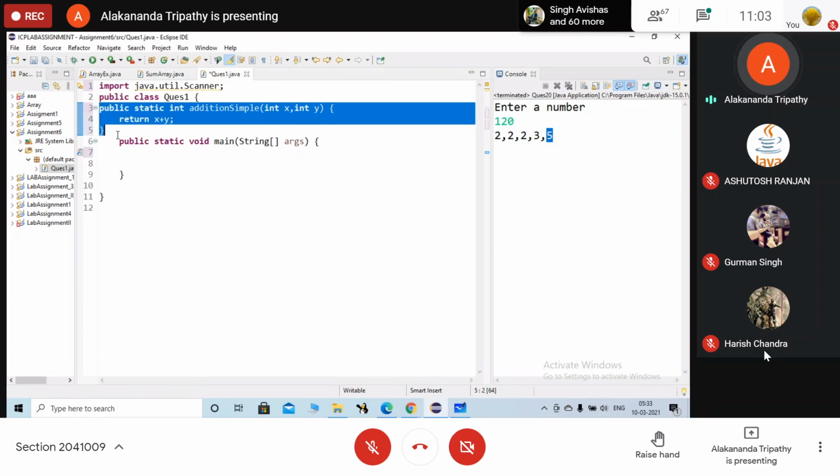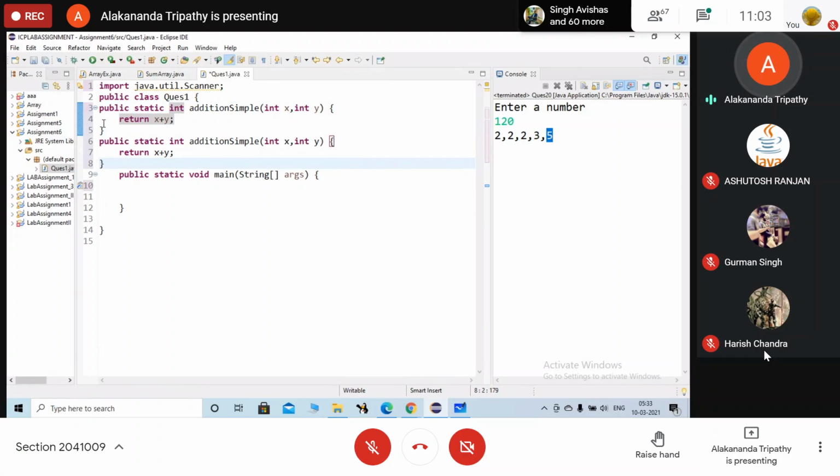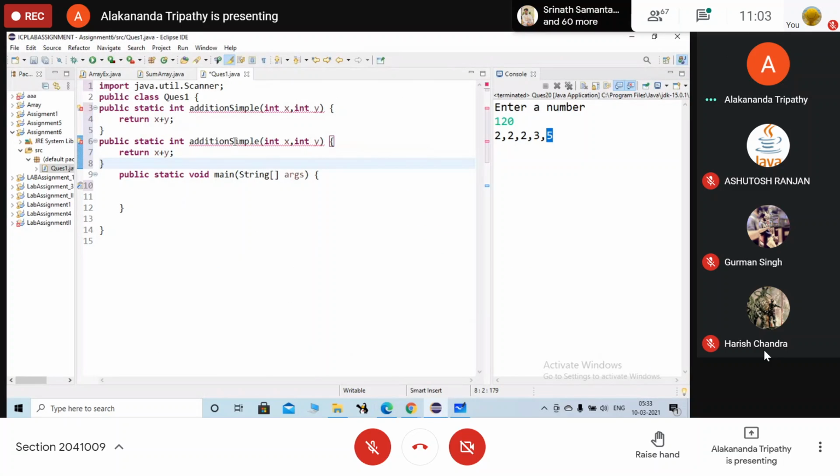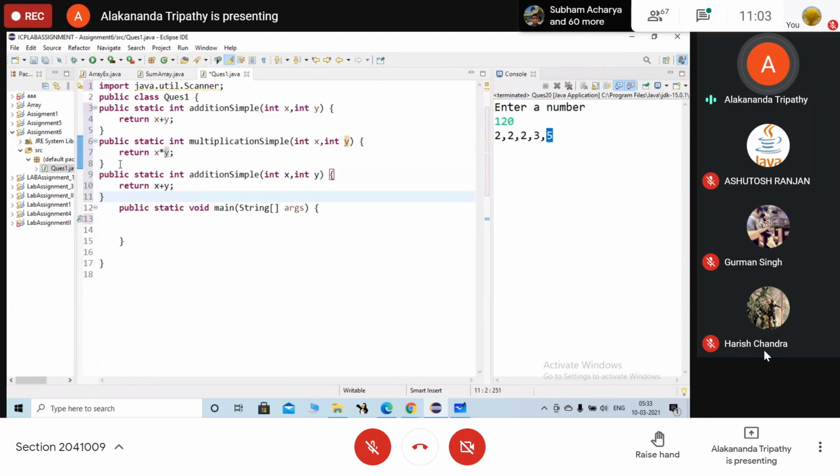X plus y. Similarly, which method will you call here? The next method here is multiplication. What will the value be here? So what is the next method here?